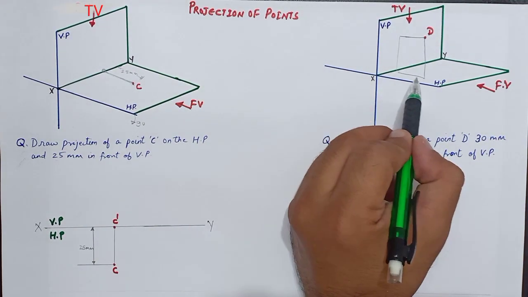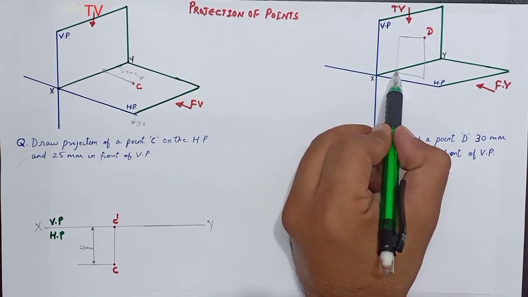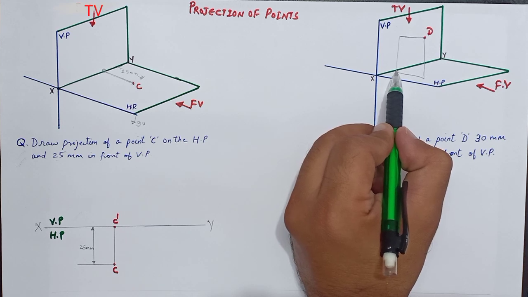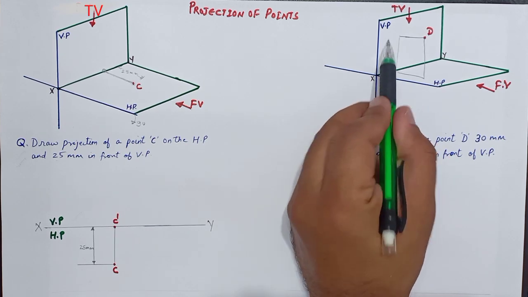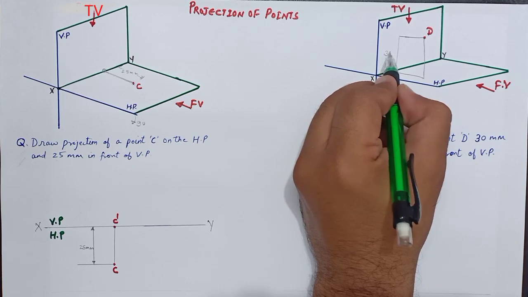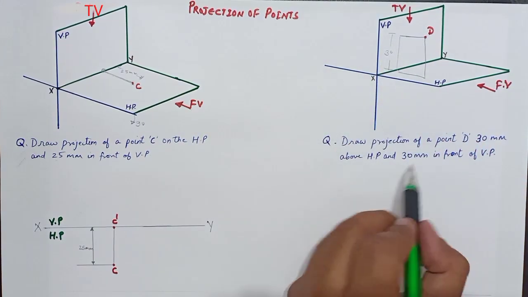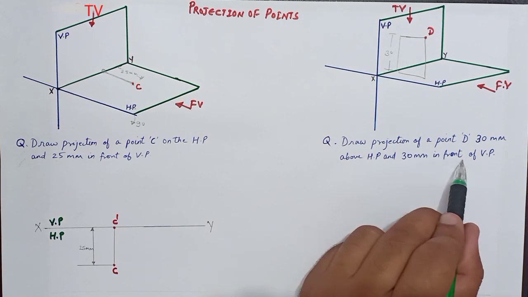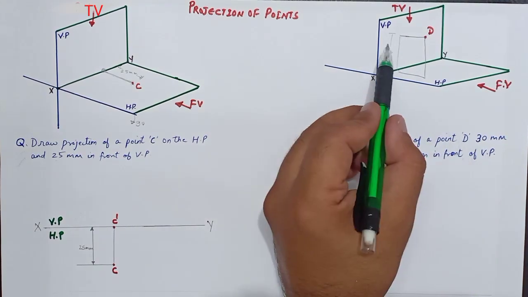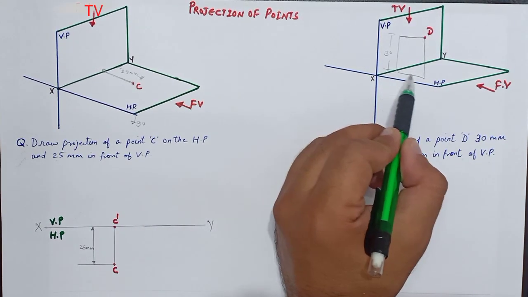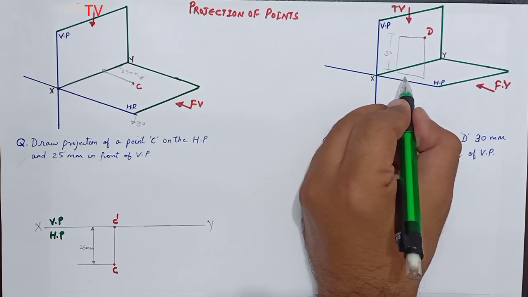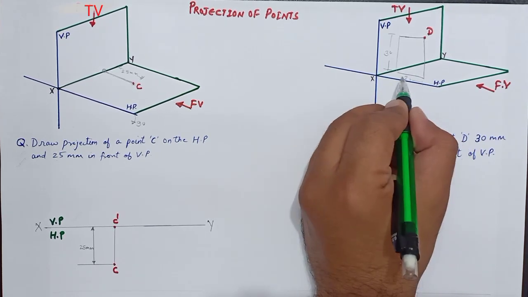So measuring from reference line XY above HP, that is 30 mm, and 30 mm in front of vertical plane. So from the vertical plane in front, it will also be the same dimension, 30.